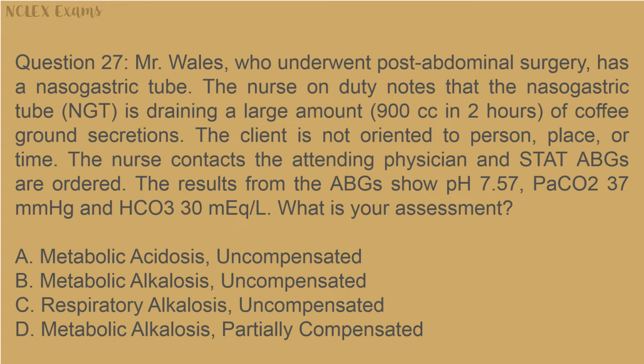The results from the ABGs show pH 7.57, PaCO2 37 mm of mercury and HCO3 30 mmol/L. What is your assessment? A. Metabolic acidosis, uncompensated. B. Metabolic alkalosis, uncompensated. C. Respiratory alkalosis, uncompensated. D. Metabolic alkalosis, partially compensated.